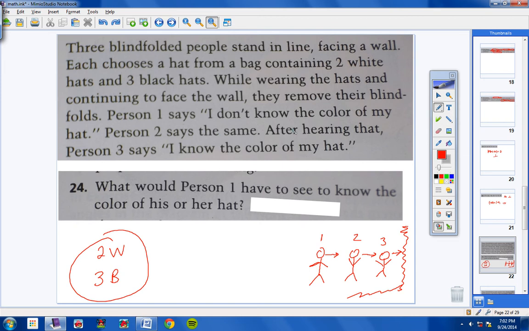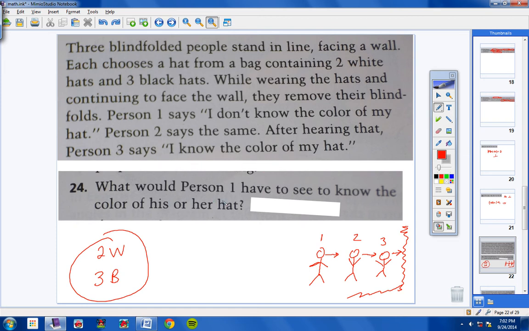Person number 1 says, I have no idea the color of my hat. He's looking straight ahead. He can't see his hat, okay? Person number 2 says the same thing. He says, I do not know the color of my hat, okay? Person 3 says, I definitely know the color of my hat.